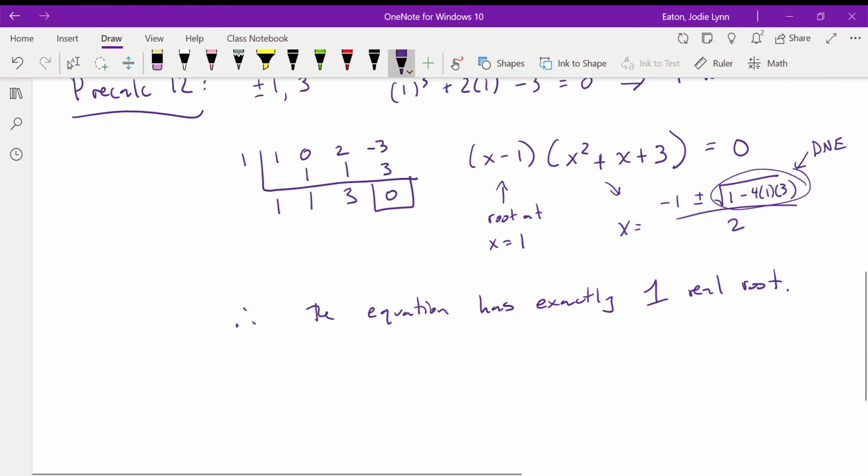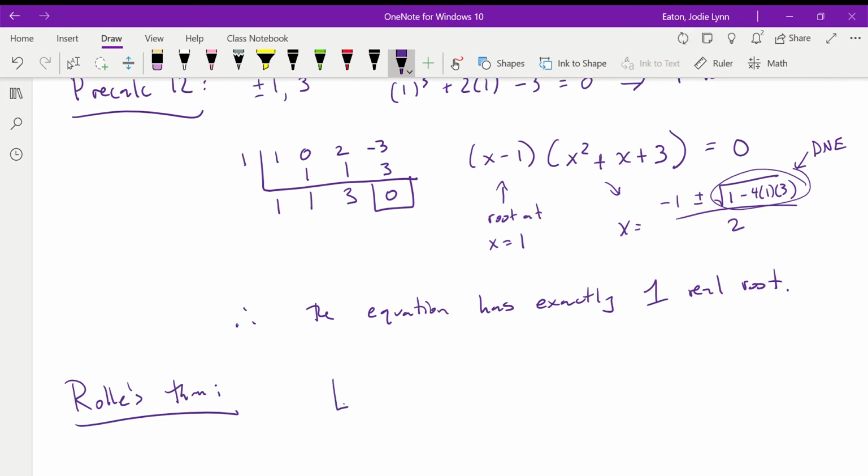So here is the Rolle's theorem way. We go through the process and try x equals 1. Let f of x equal x cubed plus 2x minus 3.